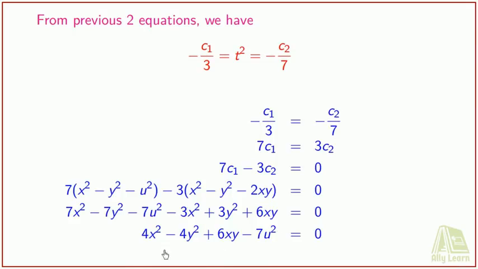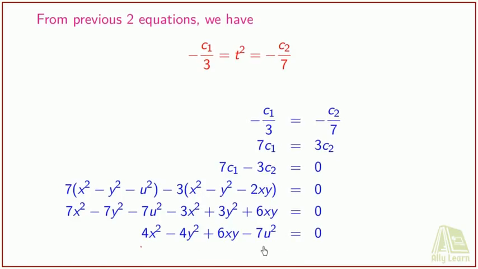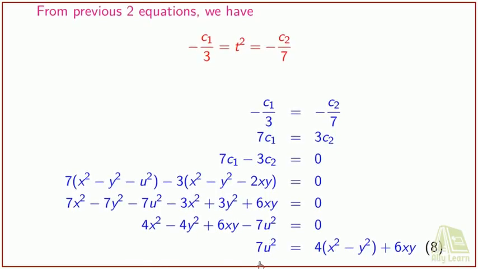Now I take a few terms here, and I get 7u square equals this thing. Then I interchange LHS and RHS to get equation number 8.